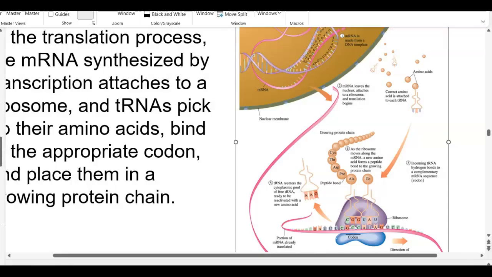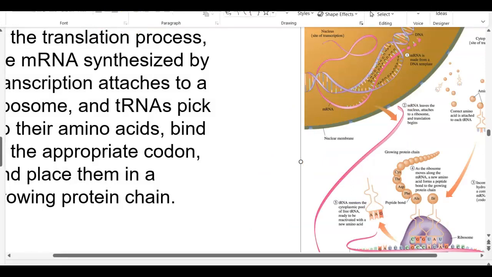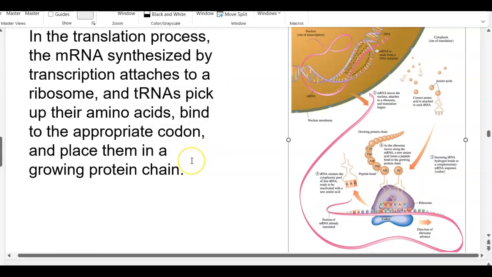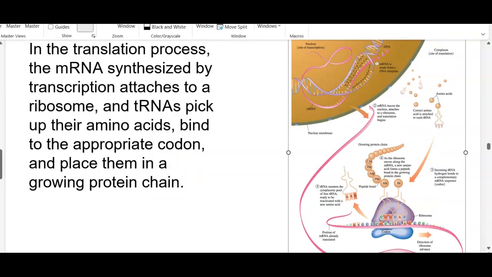Just bear with me a moment here. Let me shrink this down a little more. That's at 150. Let's try 125. See how that works. Yeah, that looks a little better. It's sort of readable here.